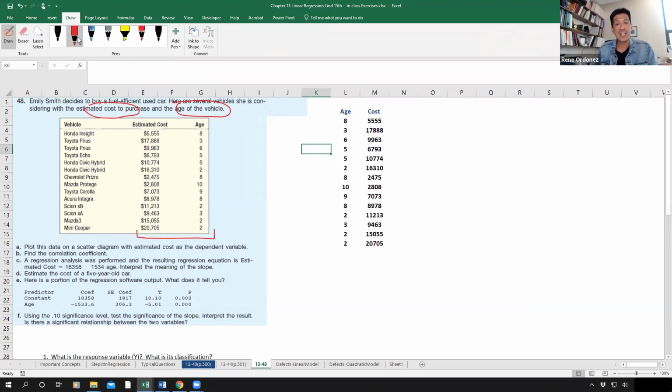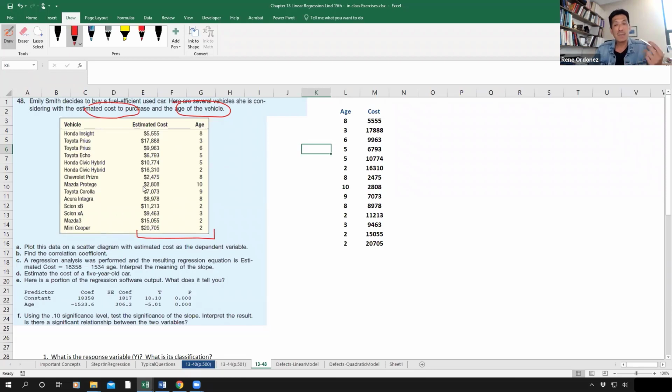The data consists of how many observations, how many cars? 2, 4, 6, 8, 10, 12, 14 different cars. For each car, the estimated cost is provided, as well as the age of the car. So these are not new cars.